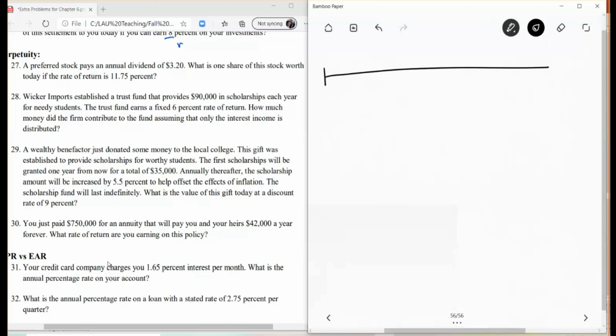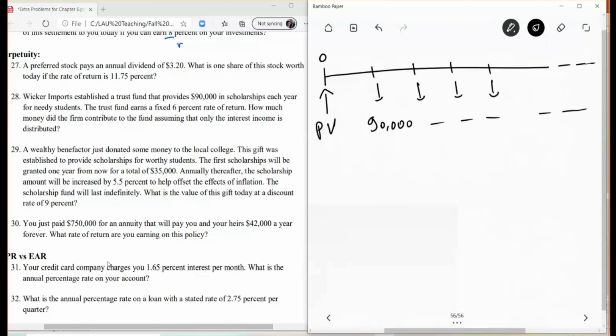So, in this case, Wicker Imports donated a certain amount of money at time t equals 0, and this amount of money was invested at 6% rate of return in a way that each year this fund pays the same amount of $90,000 each year till infinity.